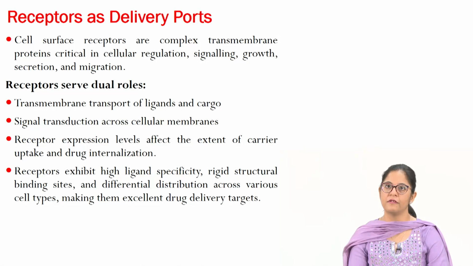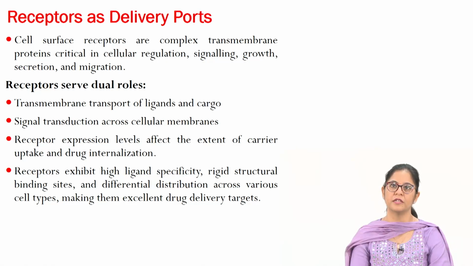So, cell surface receptors are also used as delivery ports. These are complex transmembrane proteins which are critical in cellular regulation, signaling, growth, secretion and migration. The receptors have dual roles: the transmembrane transport of ligands and cargo, and also signal transduction across cellular membranes.